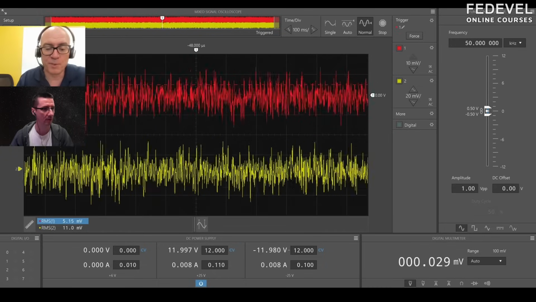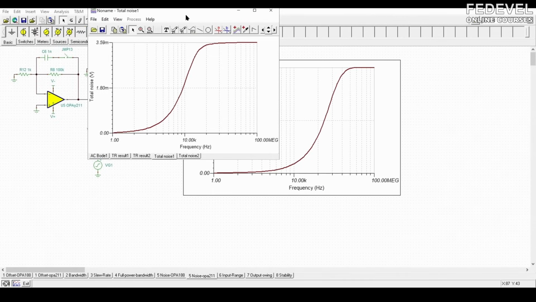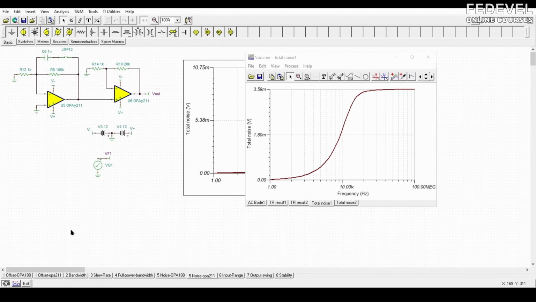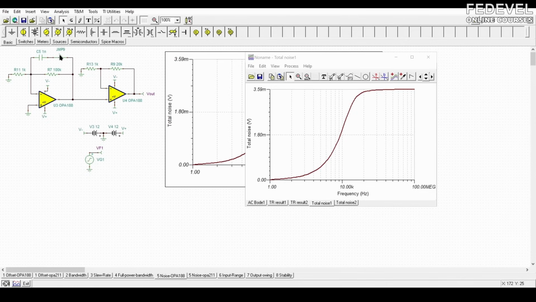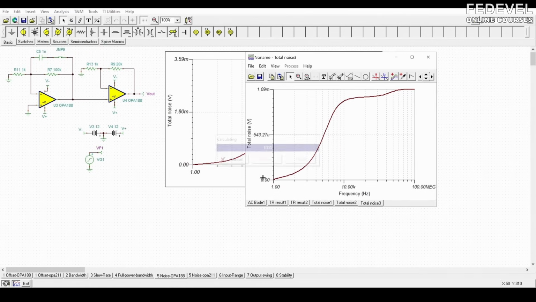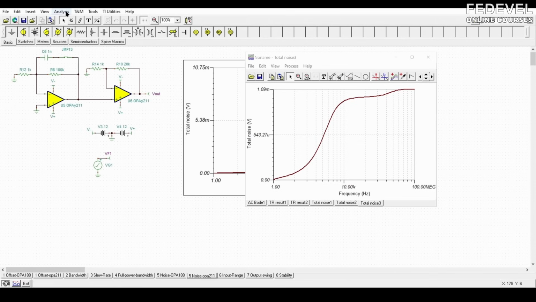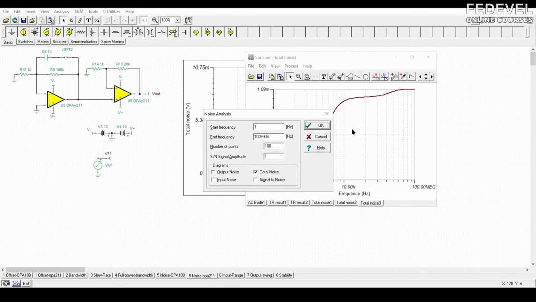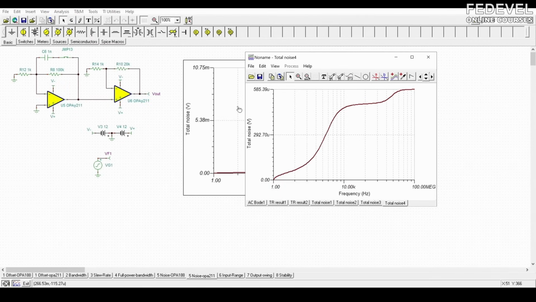Now, here's the really cool thing about noise. I can filter noise. So if I click this switch, and if I click this switch, we will basically filter this first stage. And so if I do the same analysis, the noise will drop to 1.9 for the OPA188, and for the other device it's about 0.5 millivolts, or 500 microvolts.